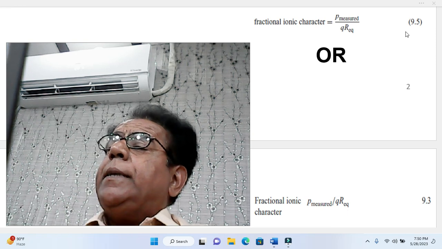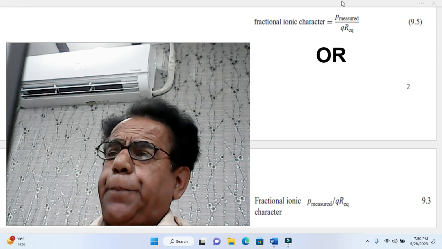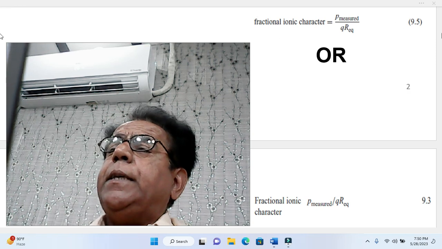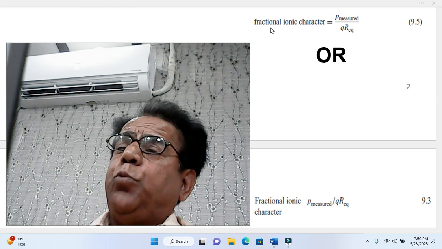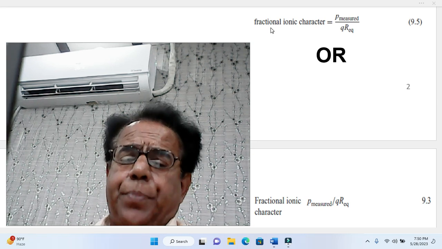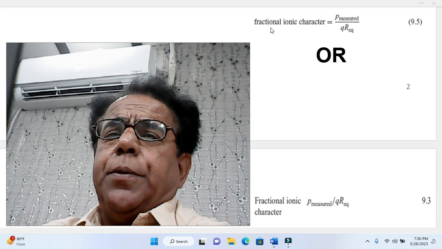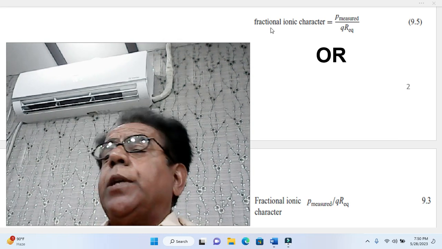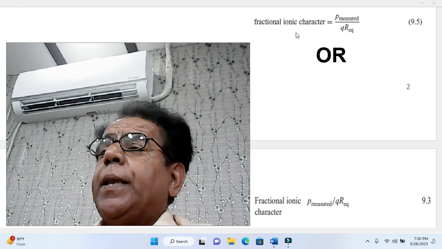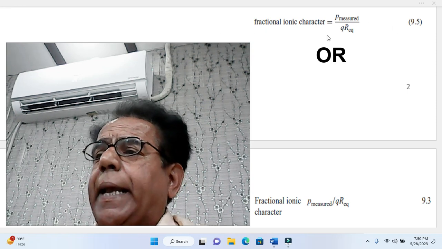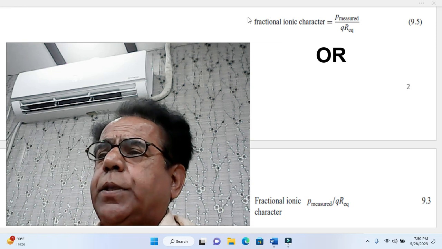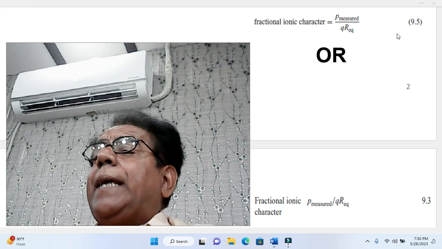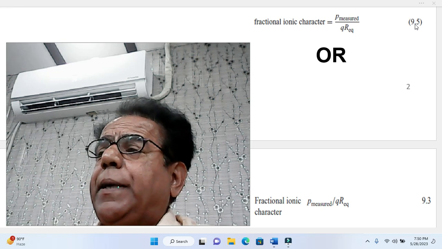Okay yes friends, this helping tool, this snapshot has been chosen from the same book which we are following, Modern Physics by Kenneth S. Crane. Actually it is not equation number 9.5.